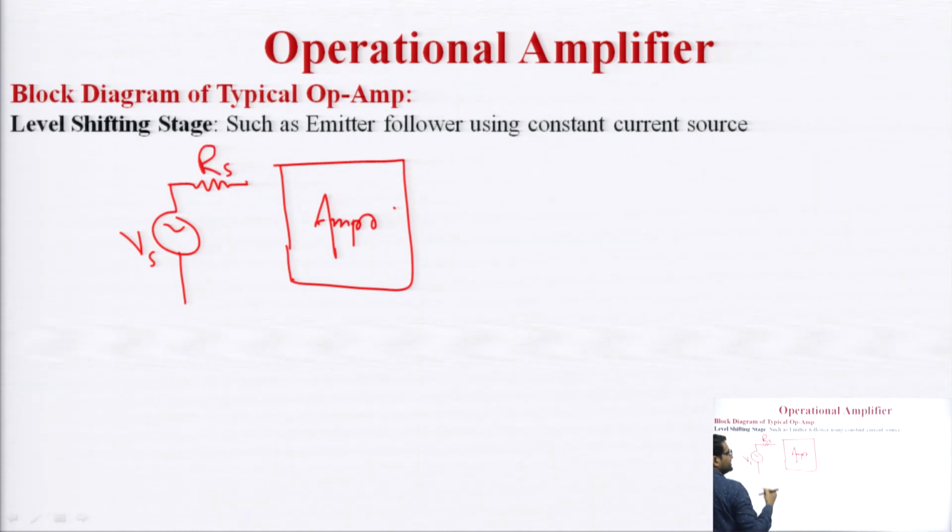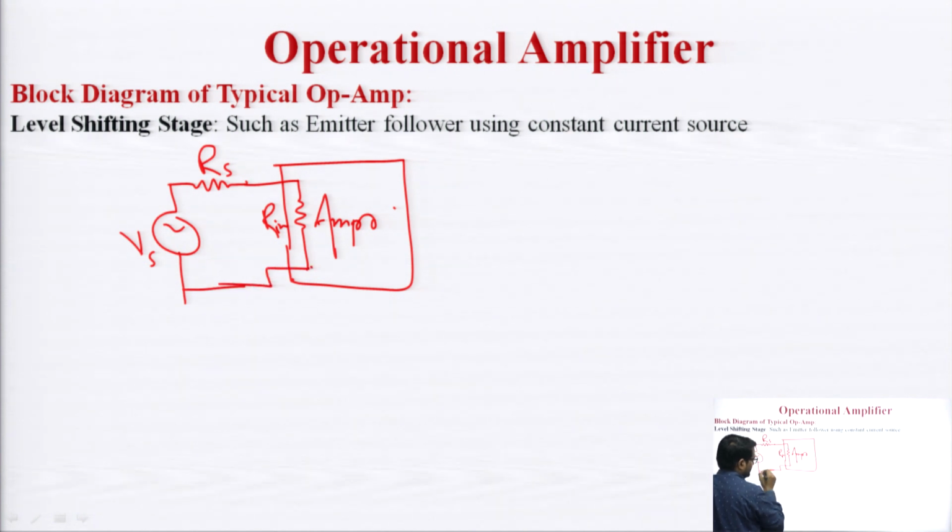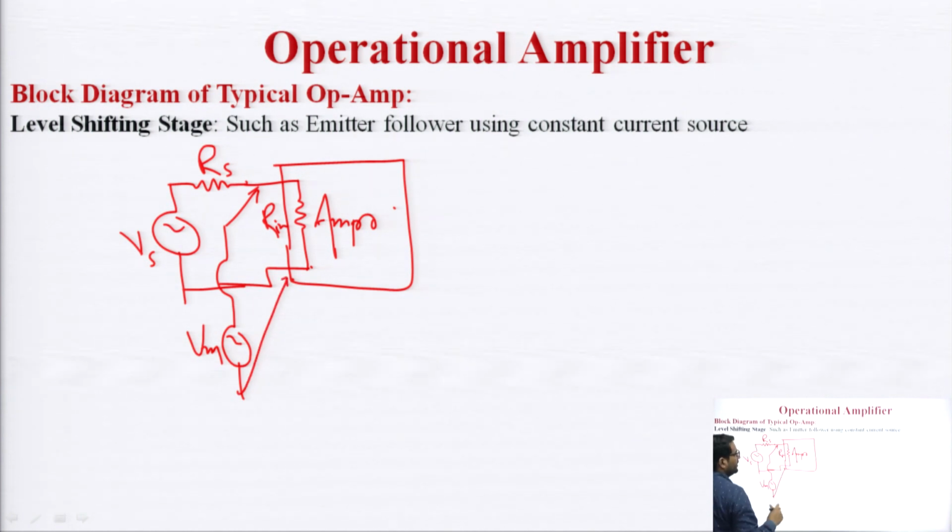This is the resistance of the wire, and the input impedance of the amplifier is Rin. Let us use a multimeter Vm and measure the input voltage of the amplifier at the input side.